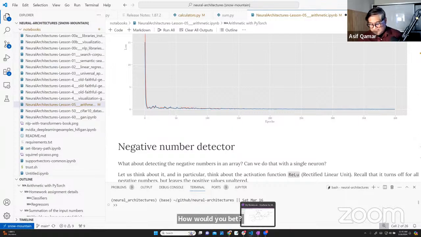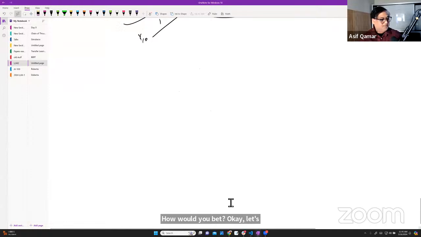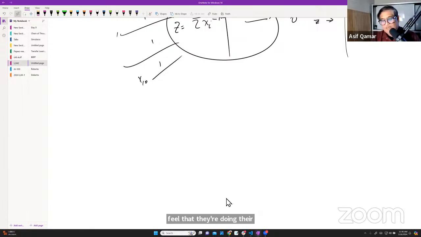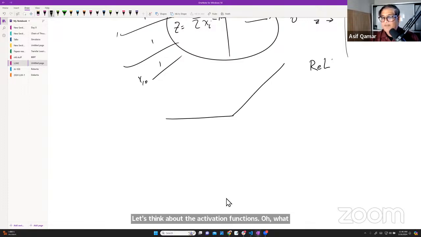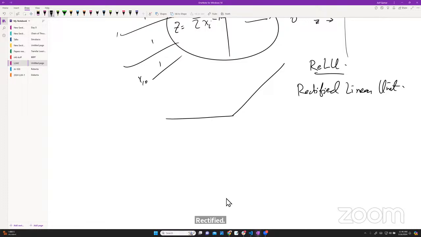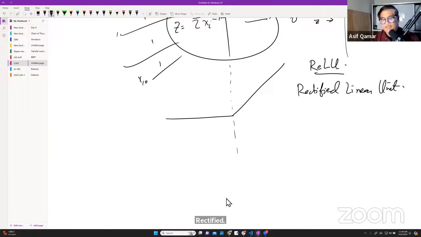Okay, let's reason through it again from first principles. See, guys, this is where knowing the foundation helps. Let's think about the activation functions. What does ReLU look like? Rectified. Anything negative is 0, right? That is right.